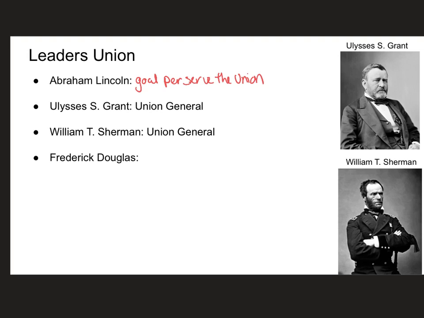And Lincoln was known as saying he was the right man for the job. So he wasn't necessarily the best general, but Lincoln still had a lot of respect for him. William T. Sherman was also a Union general, and he was known for Sherman's March, where essentially he burned everything from Savannah to Atlanta.